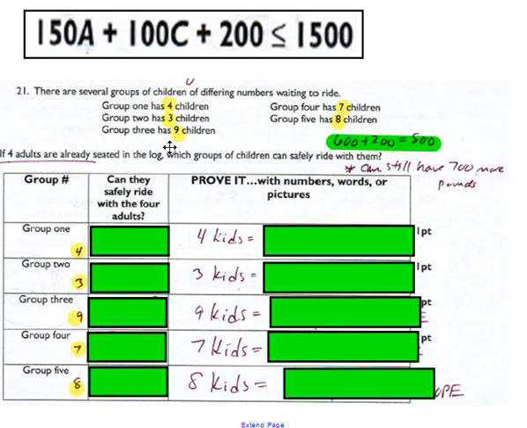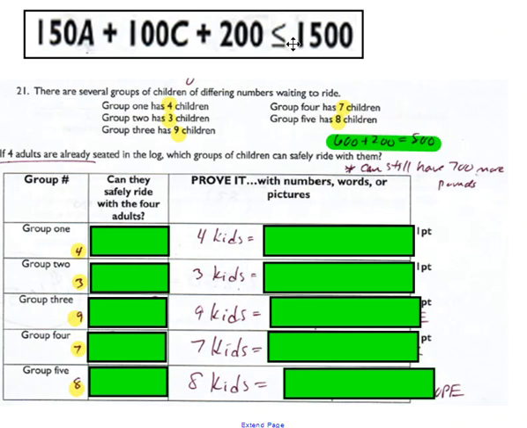Let's keep going. In the second part of this problem, you again have that inequality. They wanted you to figure out, can this many kids ride the ride if 4 adults are already in the log? So what I did was I plugged in a 4 here for the number of adults, and that's 600 pounds. The log itself is 200 pounds, so far there's 800 pounds accounted for.